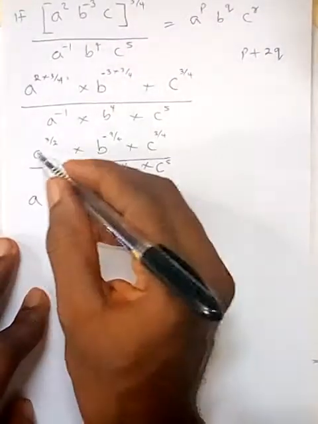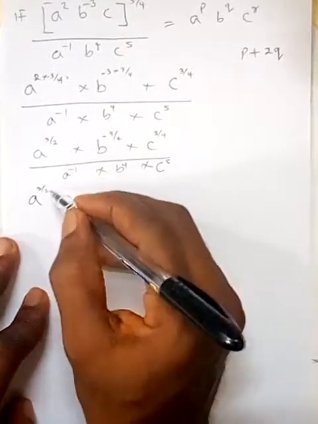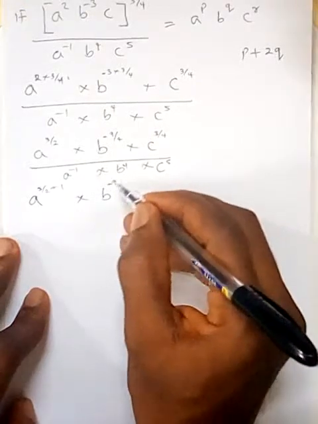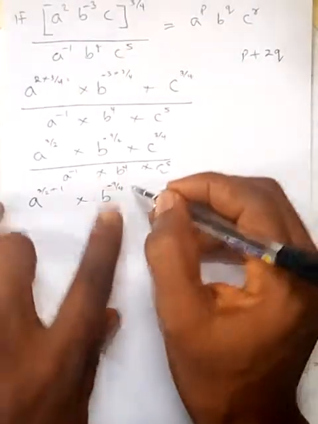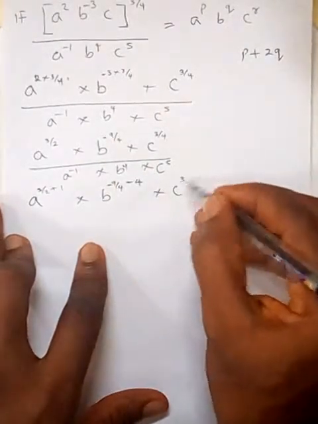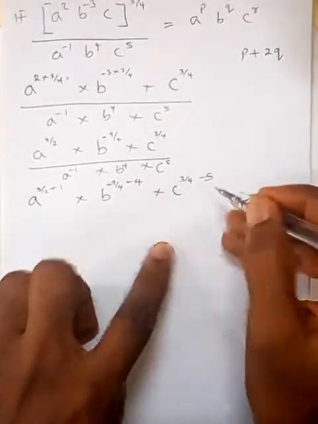So this is a, taking this divided by this, 3 over 2 minus 1 is plus 1 times b raised to power minus 9 over 4 minus 4 because of the divide times c raised to power 3 over 4. Okay, divide will be minus 5.